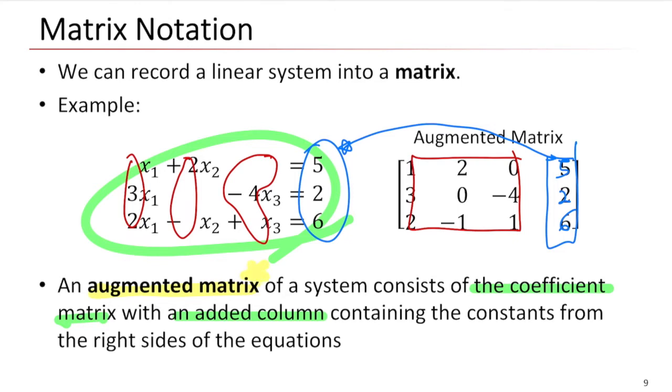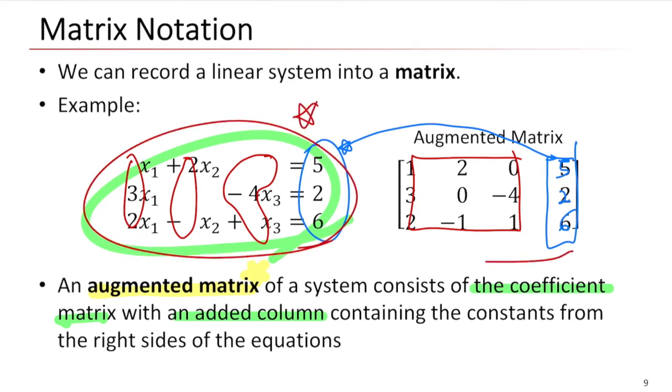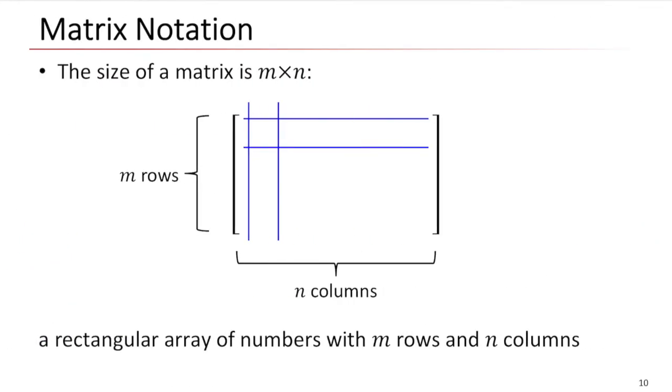Okay, so when we see an augmented matrix, we need to think about how we can recover the linear equations from it. So we need practice. We have a matrix and we have to give it a size and be consistent with our naming.